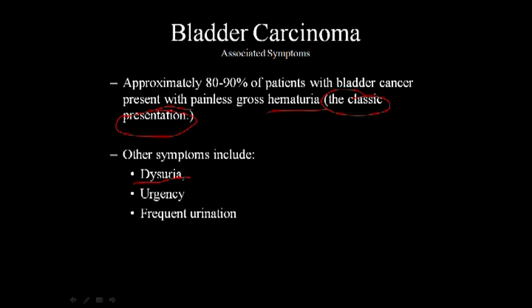Other symptoms include difficulty urinating or dysuria, urgency, meaning that you can barely hold your bladder, but a lot of times this gets swept under the rug in men as enlarged prostate. Typically, that's what it sometimes gets lumped into.